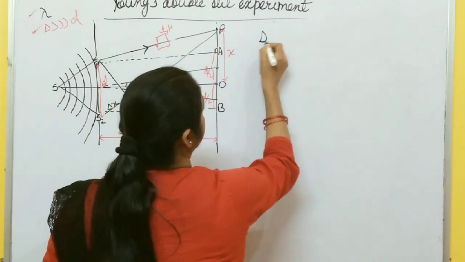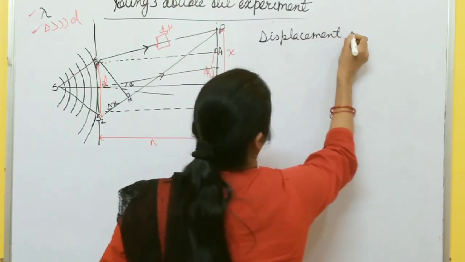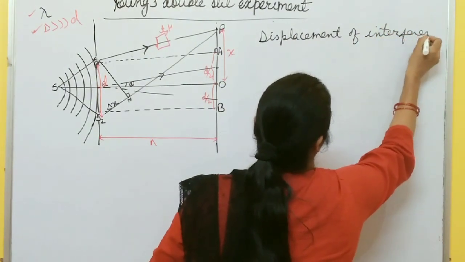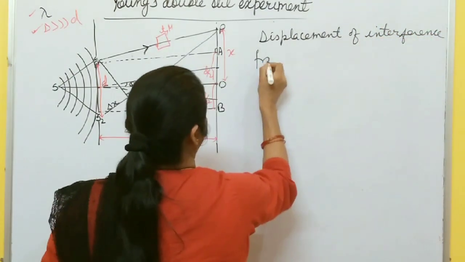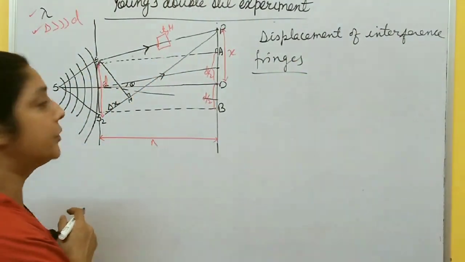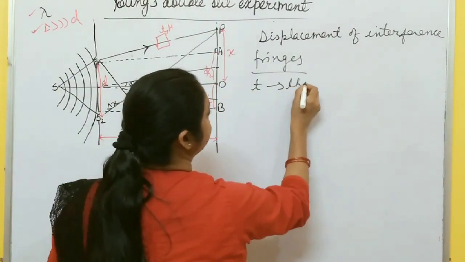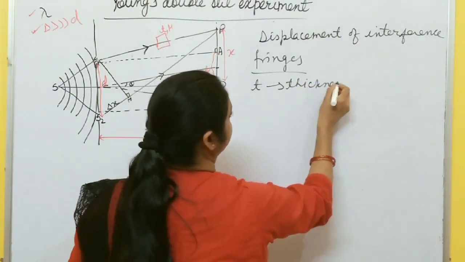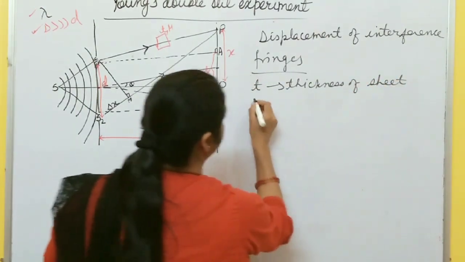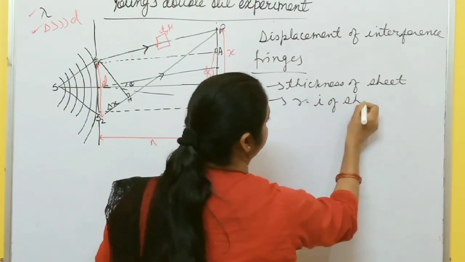So there is a displacement of interference fringes when you place one transparent sheet in the path of one of the two interfering beams. This t is the thickness of the transparent sheet, mu is the refractive index of the sheet.